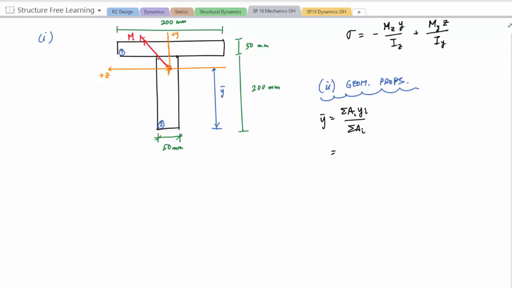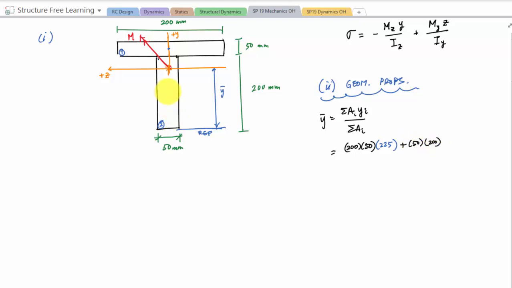And now I'm just going to follow this pattern of base times height. So 200 times 50. Yi is the distance from the reference, which is down here, to the center of the element, which would be right here. So that is 200 plus 25, so it's 225 millimeters. Plus the area of element 2, which is base times height, 50 times 200.